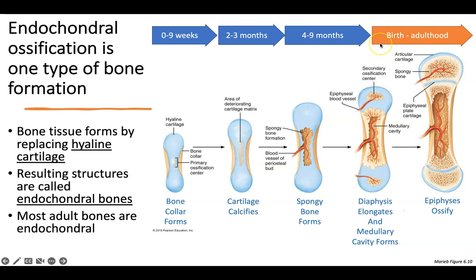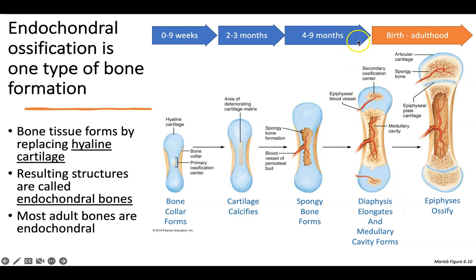From 4 to 9 months of development, still before birth, we have the formation of spongy bone. So that's now forming. You can see blood vessels coming out of this periosteal bud. So the periosteum is now forming blood vessels.